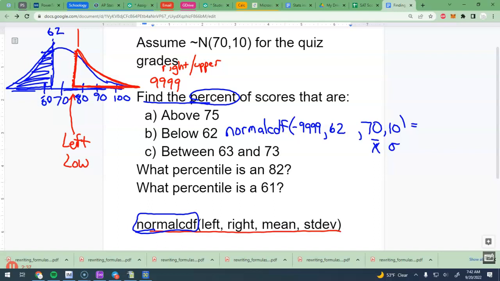So I got 0.211, 0.212. Basically. If you didn't get that, let me know. Something wrong.